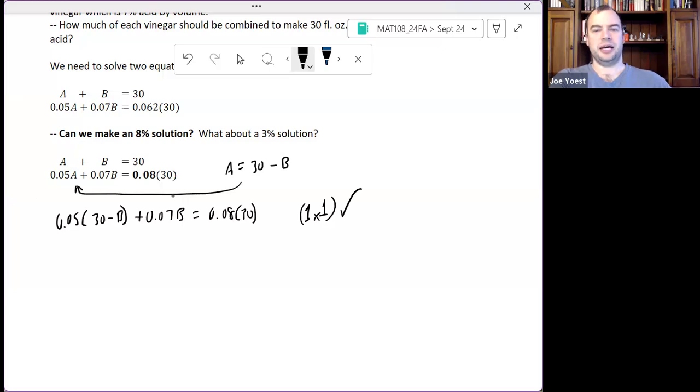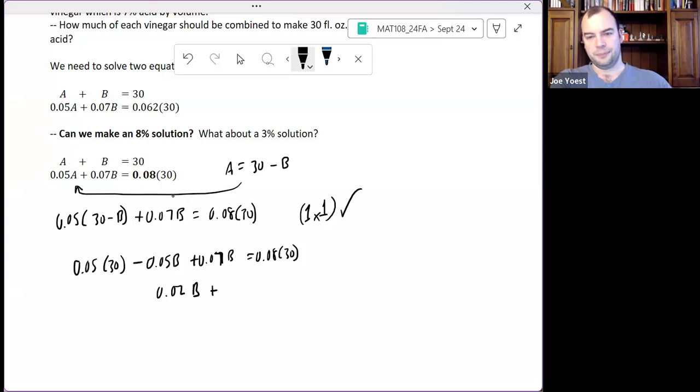So if I multiply out, I get 0.05 times 30 minus 0.05b plus 0.07b equals 0.08 times 30, or this gives me 0.02b plus 0.05 times 30 equals 0.08 times 30.